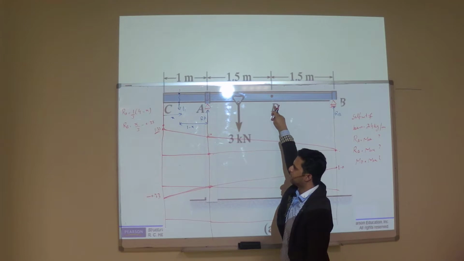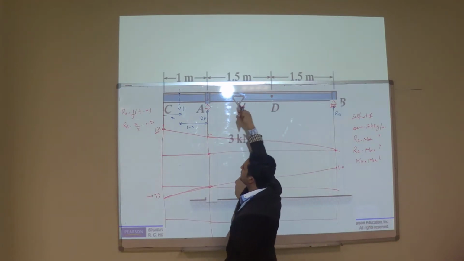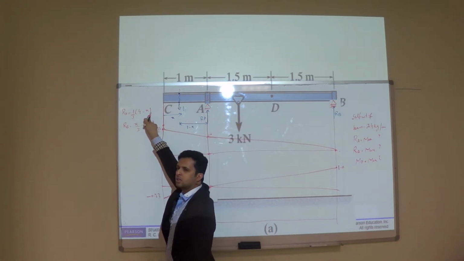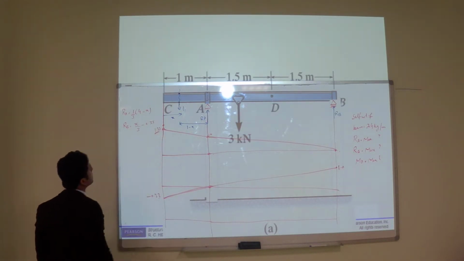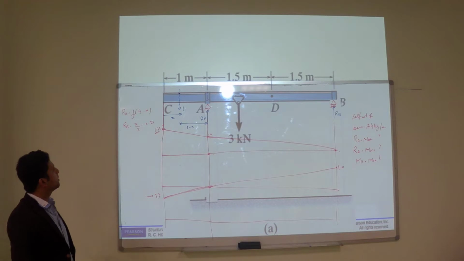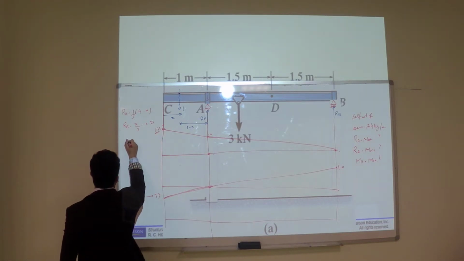Okay, do one thing. Put x is equal to 2.5. If x is equal to 2.5, how much will be RA?